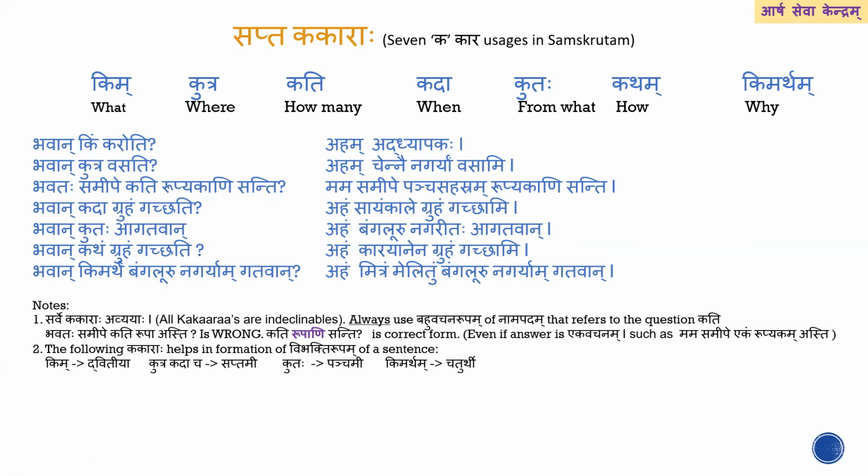Ramaha vanam gacchati, Kutra gacchati, yeah, there it comes. It can be Dvitiya Vibhakti also. Agreed. But mainly we use Kutra for Saptami. Put in a different way, Kutra is more commonly occurring for Saptami Vibhakti.